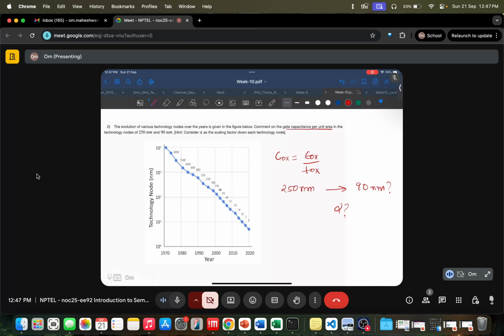Okay, so I hope you guys have solved it. This is a very simple problem. As you know, Tox reduces by 0.7 times for every technology node.